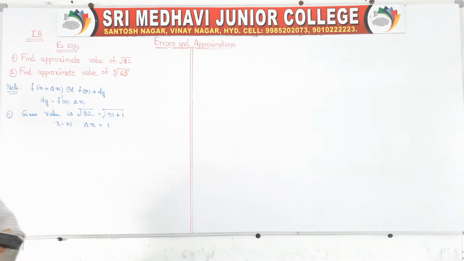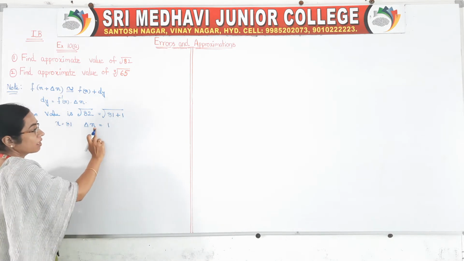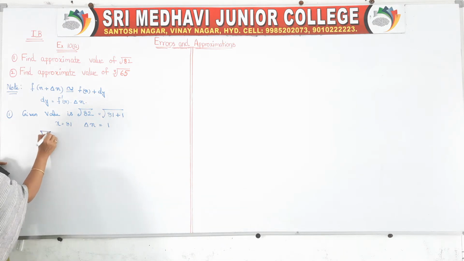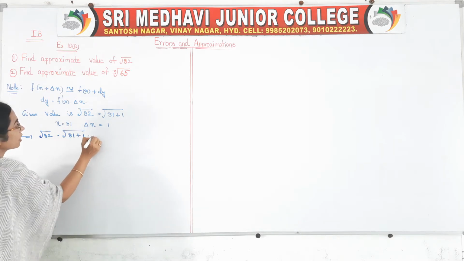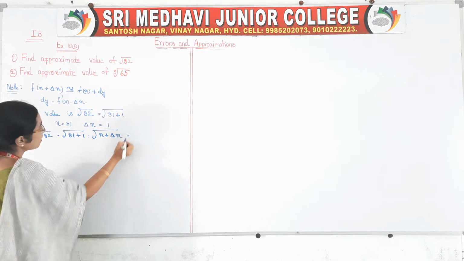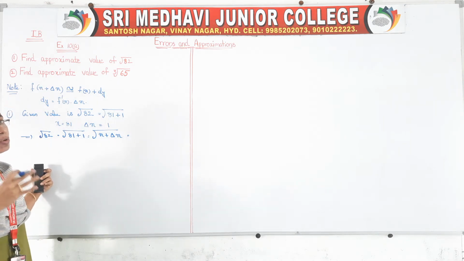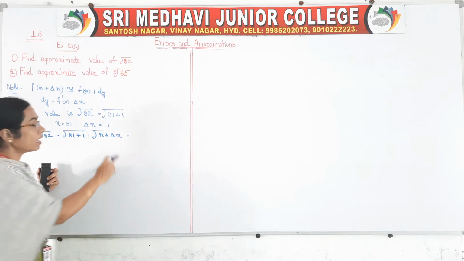So consider the perfect square value as x and the extra value as delta x. So what is your value now? Root 82 is equal to root of 81 plus 1, that means root of x plus delta x. That means the function is given in terms of x plus delta x.